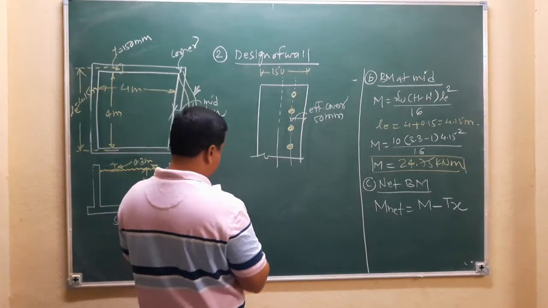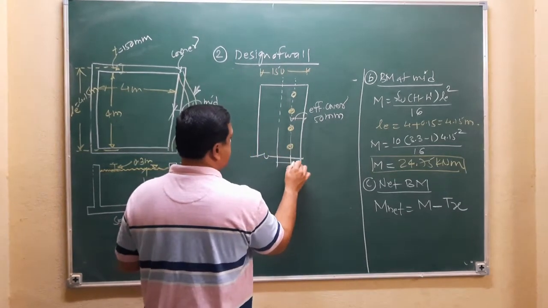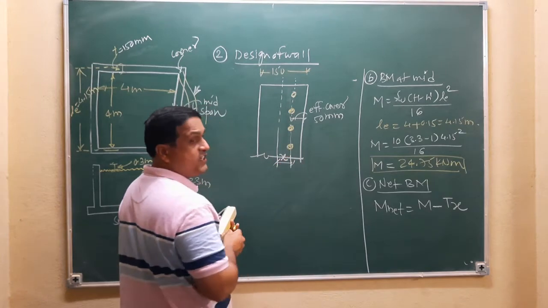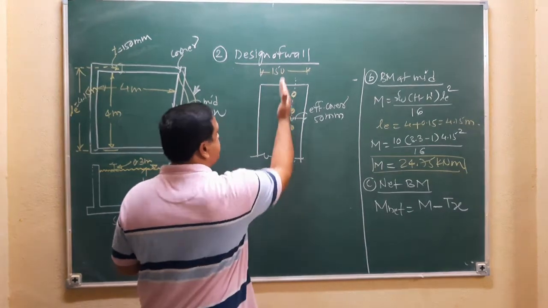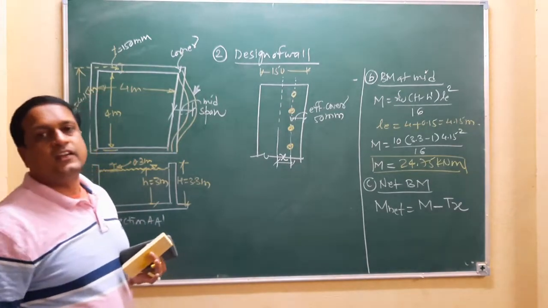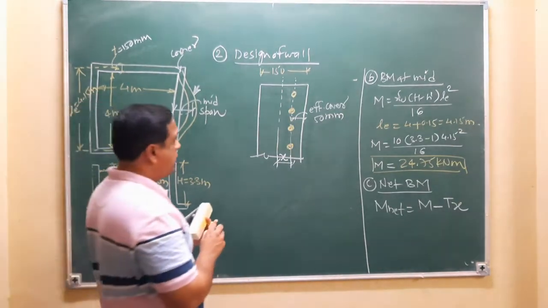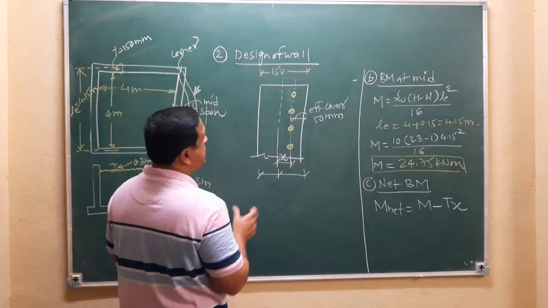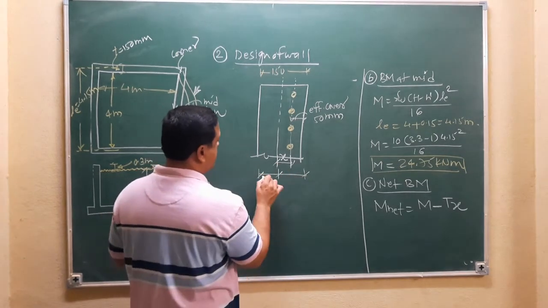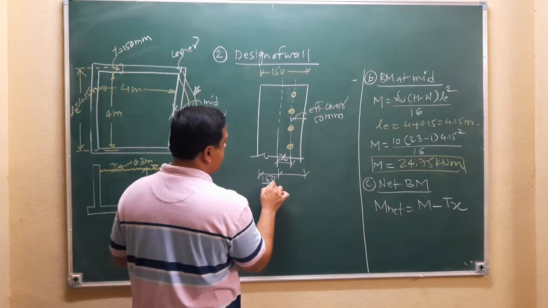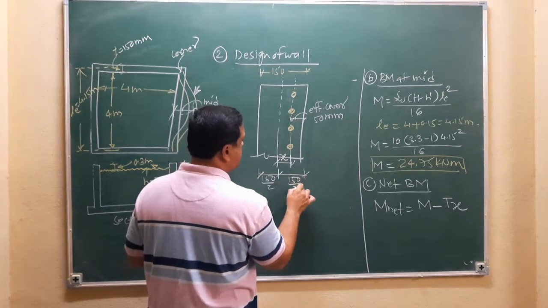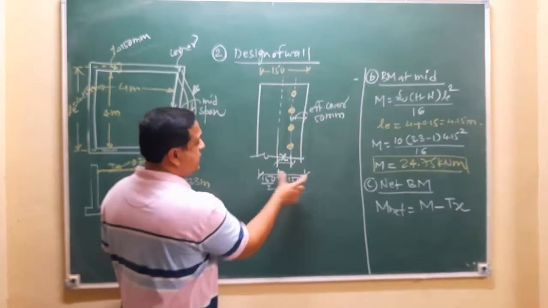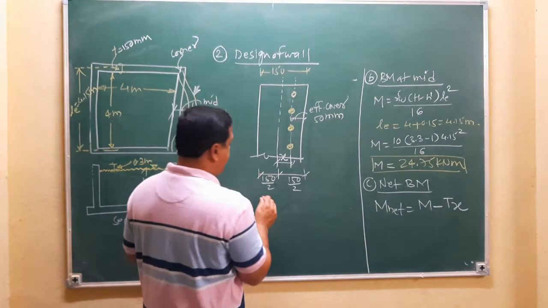So what is X? X is the distance between CG of this reinforcement and center of this wall. The center of this wall is T by 2, it is 150 by 2, means 75. So how to find out X?